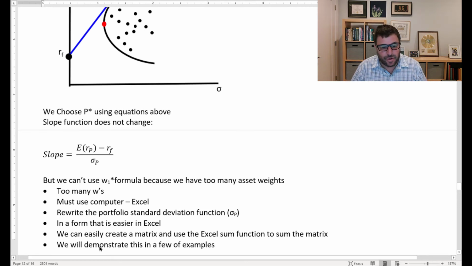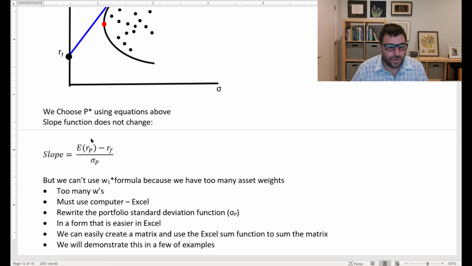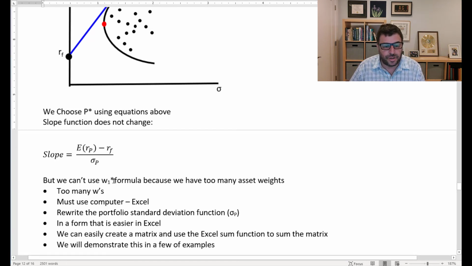Now, to figure out how to come up with a maximum slope, we'll need to substitute the expected return of the portfolio equation into here. We'll need to substitute the standard deviation of the portfolio equation into here. And we're going to have to solve for the W1, W2, W3, W4 star that gives us our optimal maximum slope.